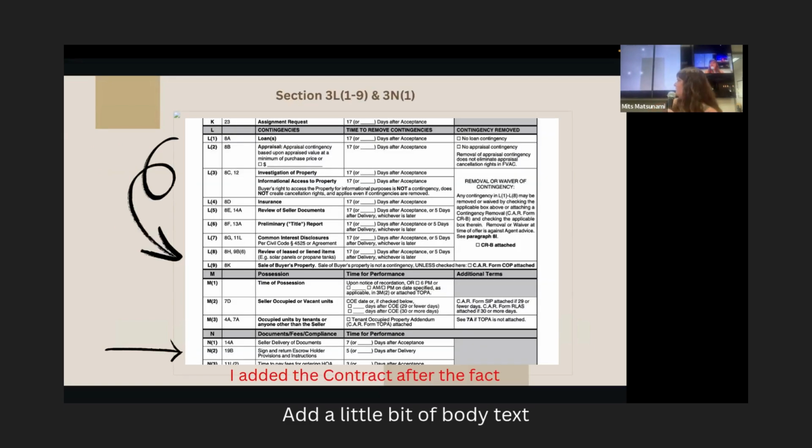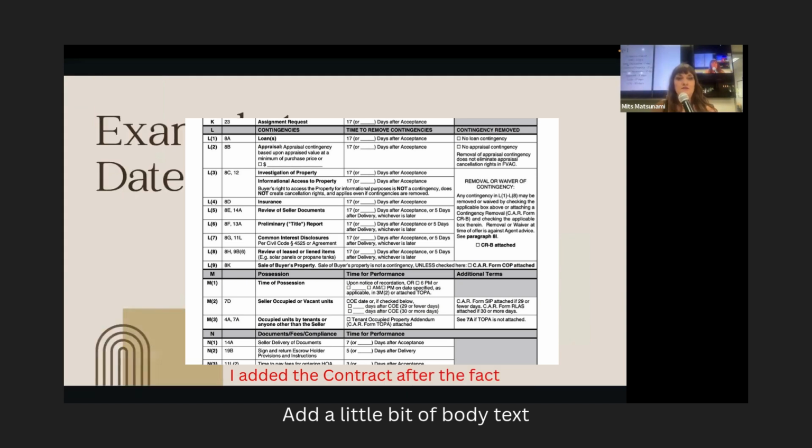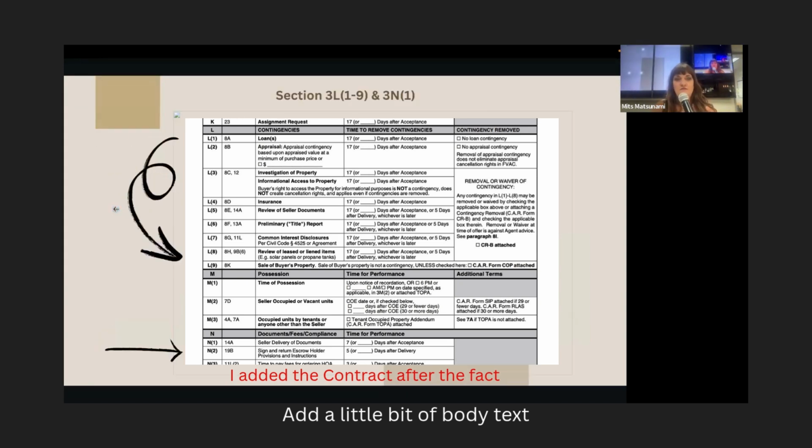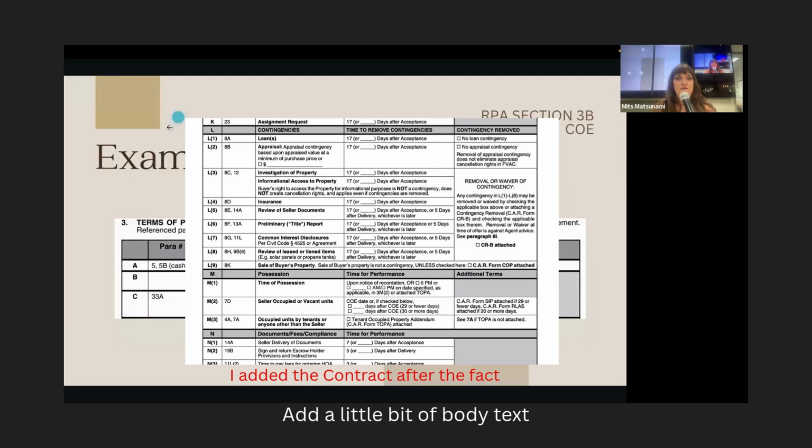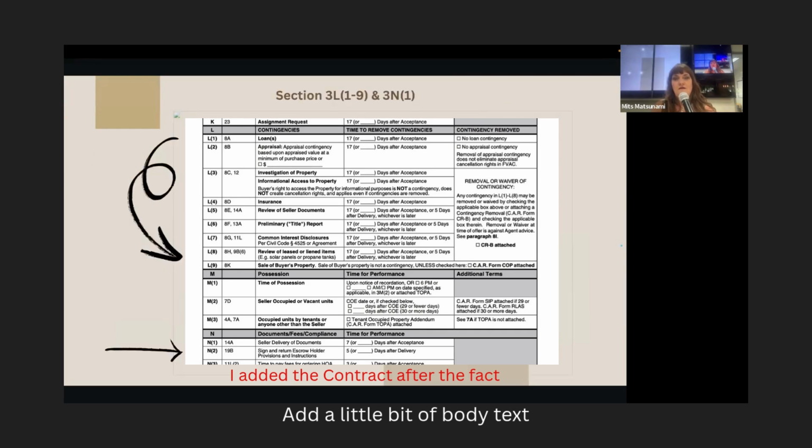What happened to my picture? Oh no, that's weird. Huh. Okay, well, anyway, this is supposed to be a picture of the RPA, sections 3L, 1 through 9 and 3N. Vince, do you have any idea what happened?